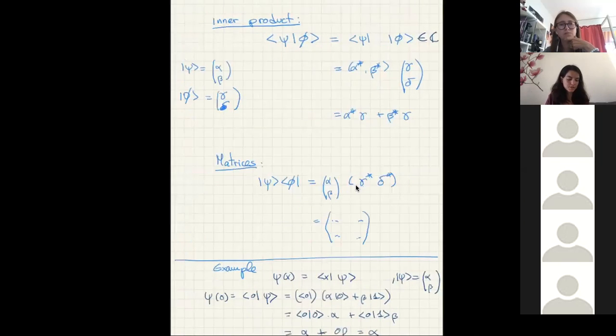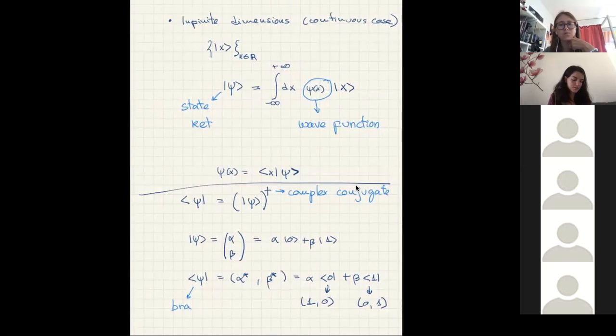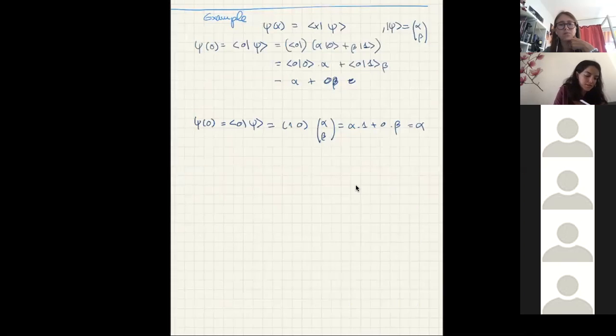We can do this for the wave function too, so the first example in the continuous case.